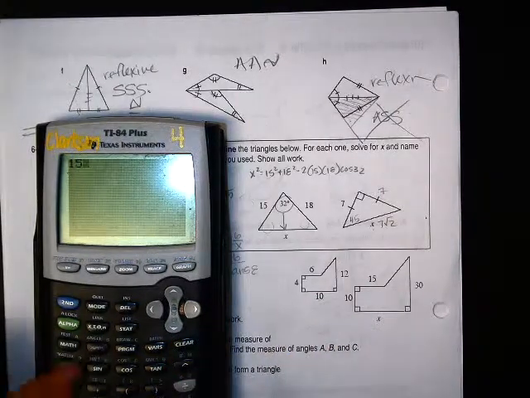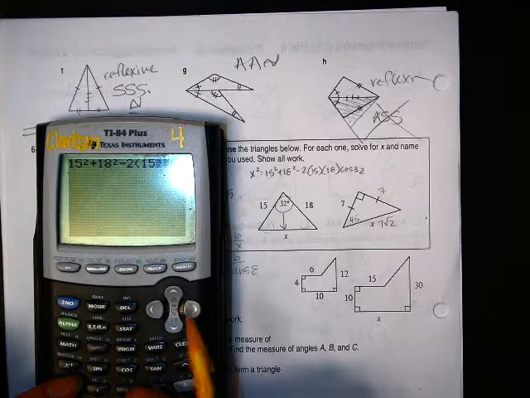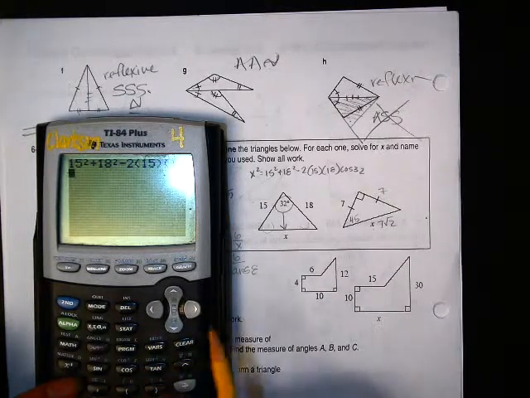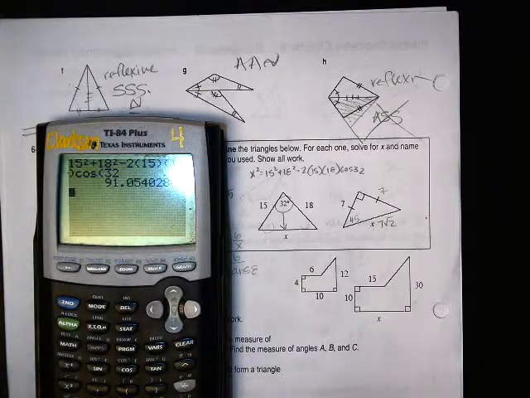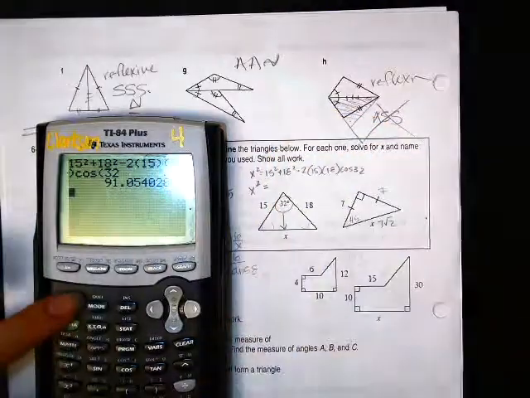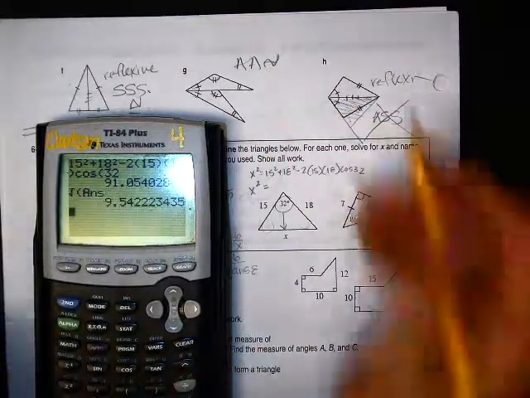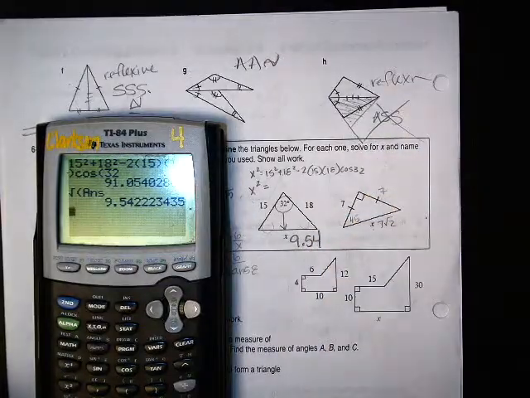So we have 15 squared plus 18 squared minus 2 times 15 times 18 times cosine of 32. All right. Oh, so that, I'm sorry, is equal to x squared. So I have to square root that. And I get 9.54.